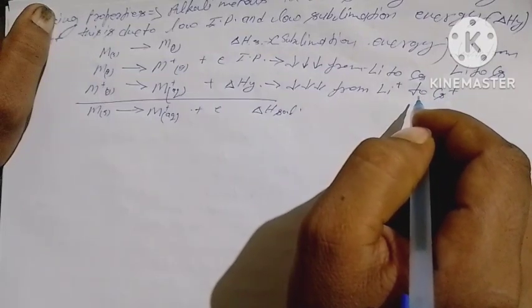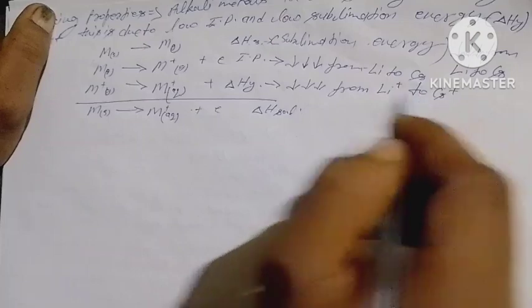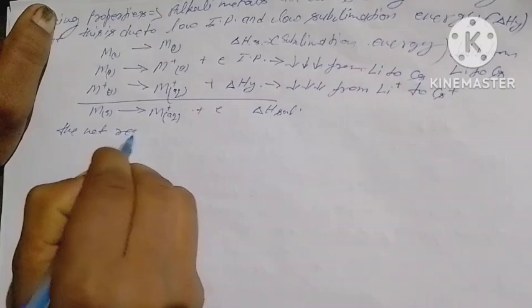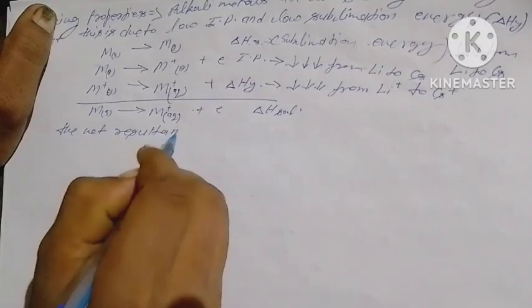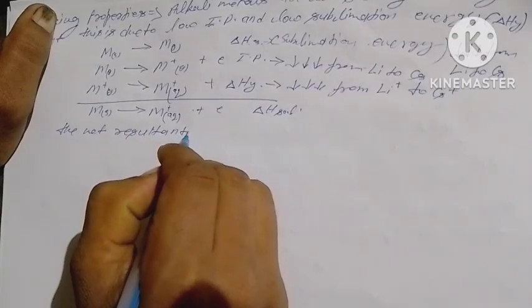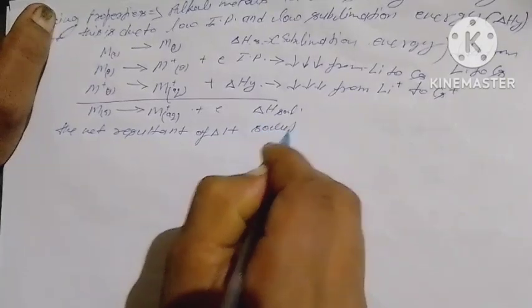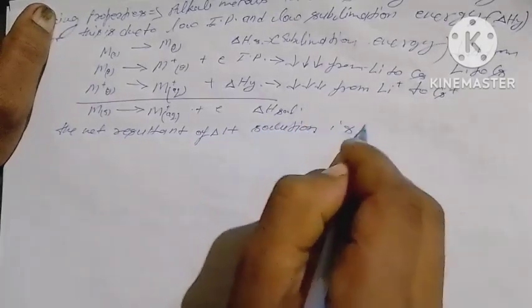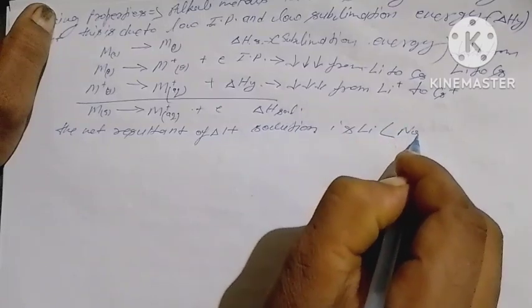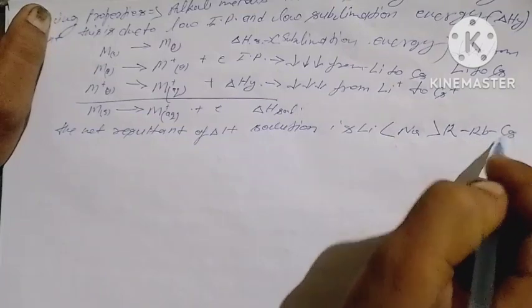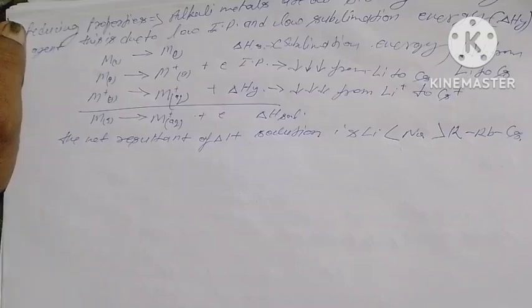The net resultant of delta H solution is that lithium is less than sodium, which is greater than potassium, rubidium and cesium.